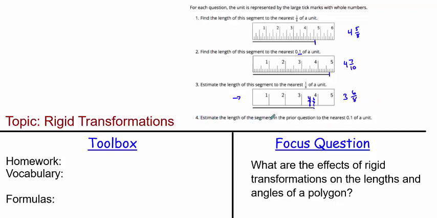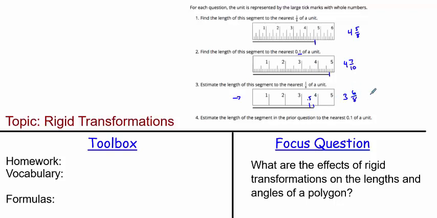Now it says estimate the length of the segment in the prior question to the nearest 1/10 of a unit. So I can do the same strategy. I know that right in the middle is 5/10. So if I go right in the middle of 5/10 and 10/10, that would be 0.75 or 7.5.